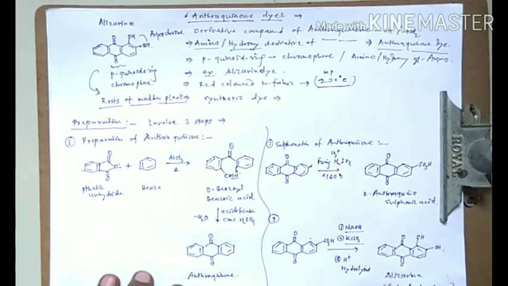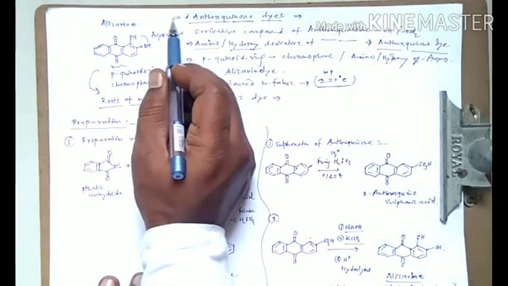It imparts red color to the fabric, and in alkaline medium it imparts violet or purple color to the fabric. It is also used to give color to cotton, wool and silk. So this is alizarin, one of the most important dyes of the anthraquinone type.